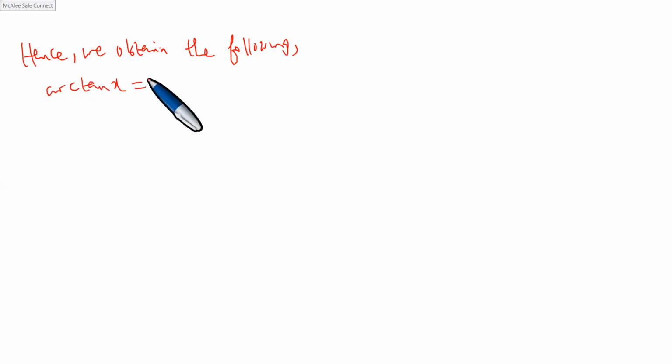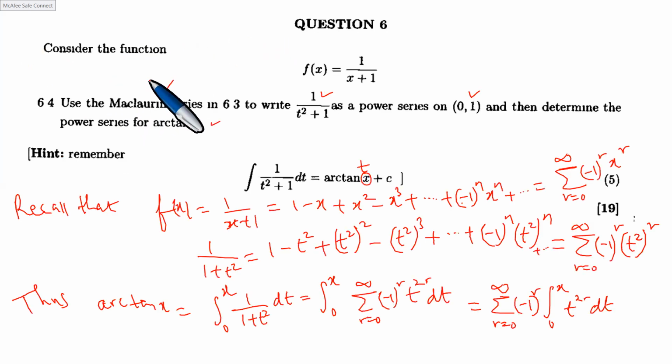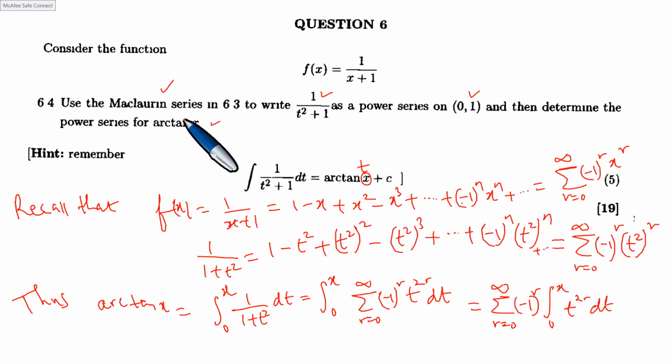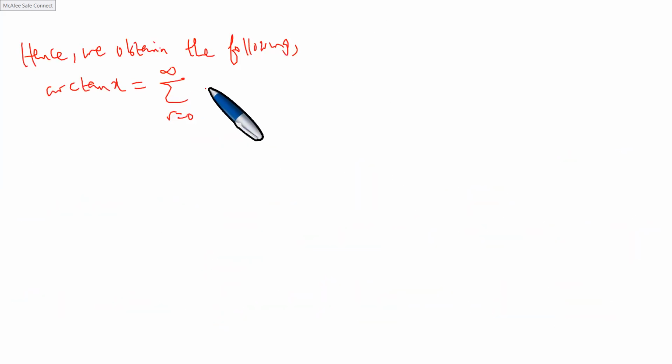Arctan x equals the sum from r equals 0, minus 1 to the r.